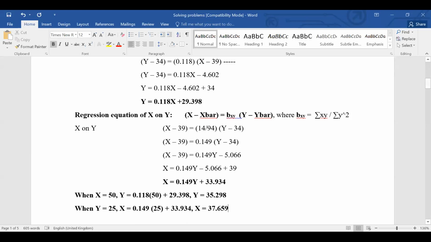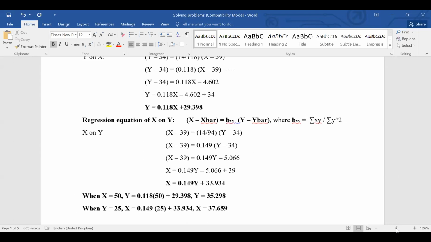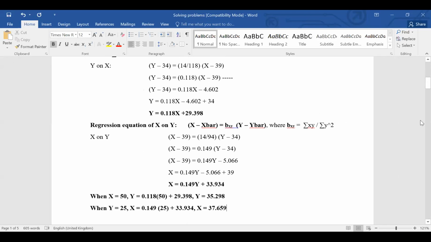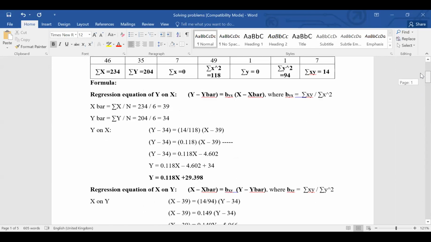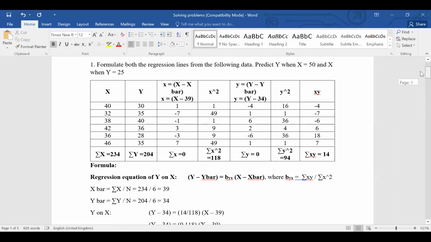Clear? You want me to show the problem or has everyone copied this? If I minimize the screen, I think you can view. So I think everyone has copied the table, right? This is the table. Please put x minus x bar with the line on the top. X square means x square. Don't write it as it is in my Word document.